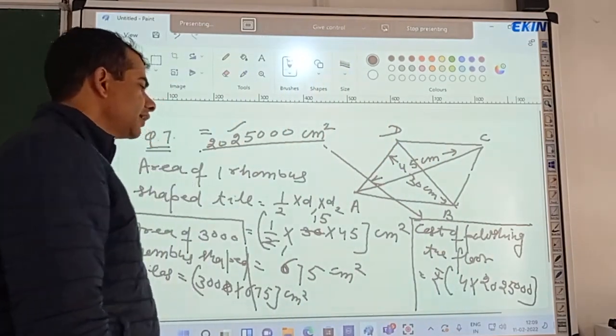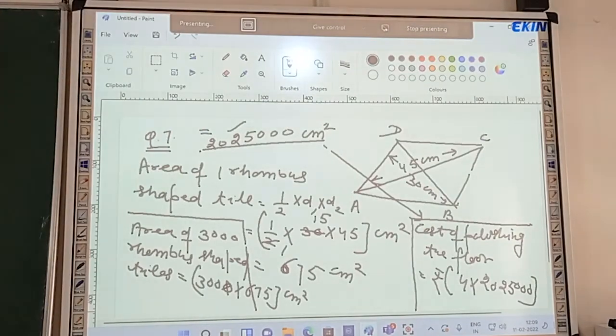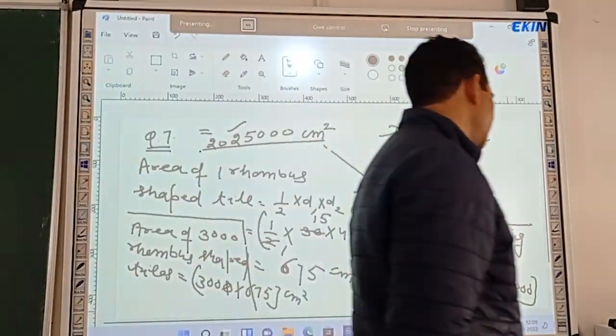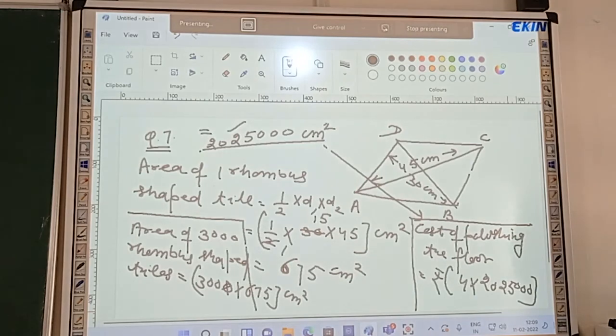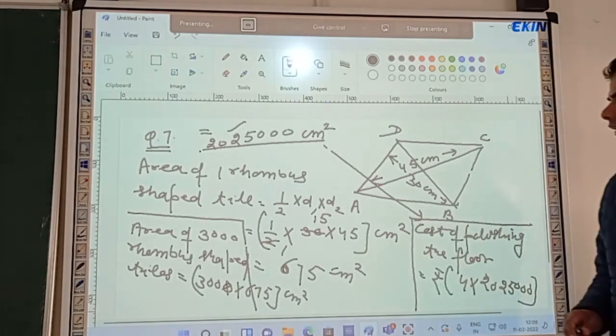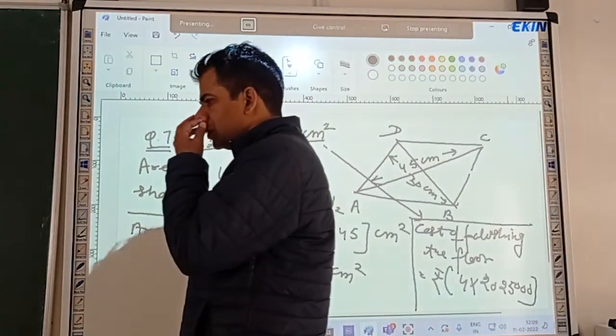Can you multiply it? Oh, this is meter square, this is centimeter square. Sorry. First of all, we convert it to meter square.